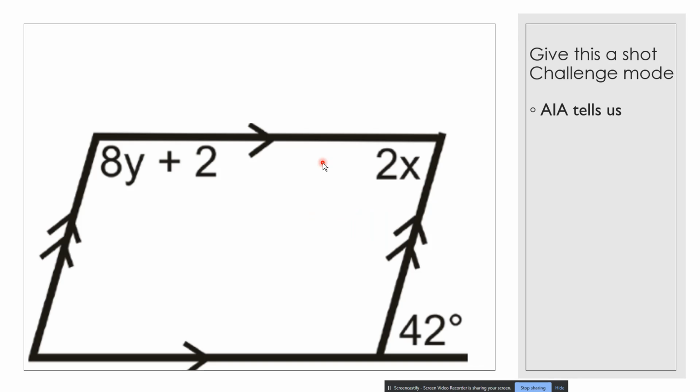So this is a bit of a challenge one. The alternate interior angle tells us what? That 2x is congruent to 42. So this one is congruent to 42, and that's all we need in order to solve this situation. Since 2x is congruent to 42, we can divide both sides by 2.